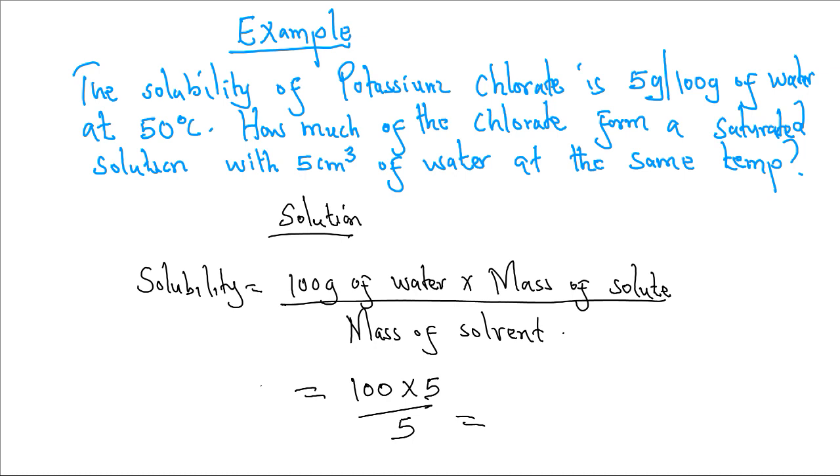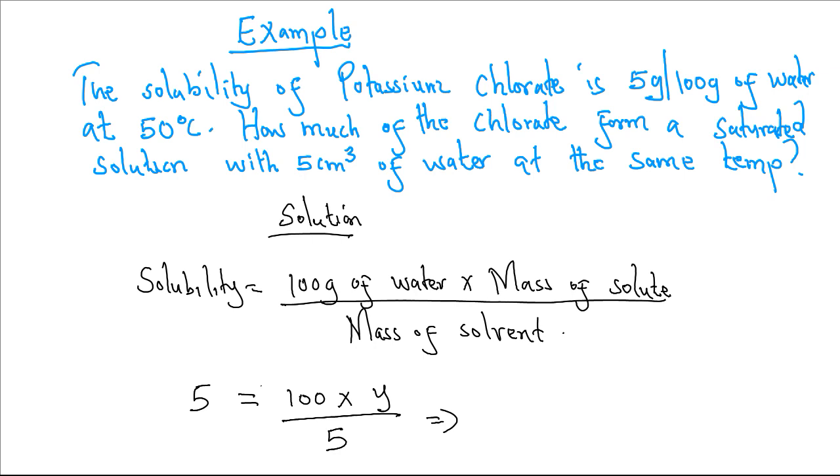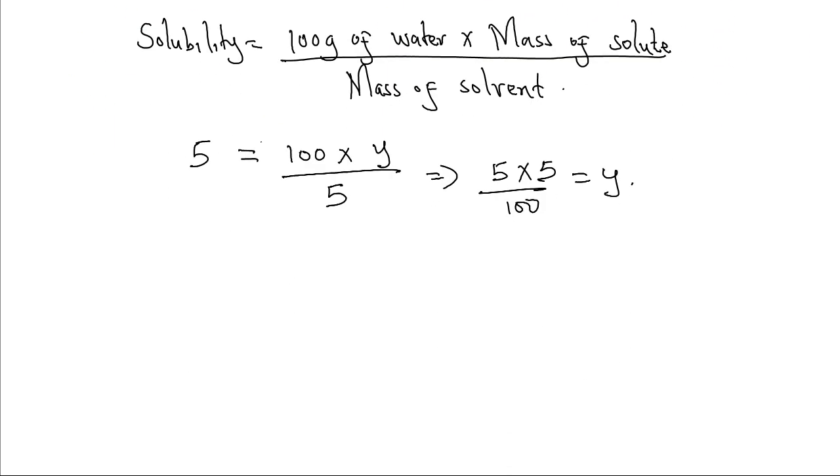So without multiplying direct, we can have 5 is equal to 100 times Y over mass of solvent, which is 5. And that will give 5 times 5 over 100 to be equal to Y. And finally, that gives Y to be 0.025 grams.